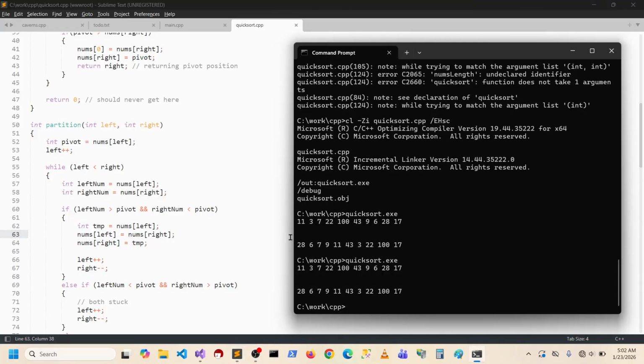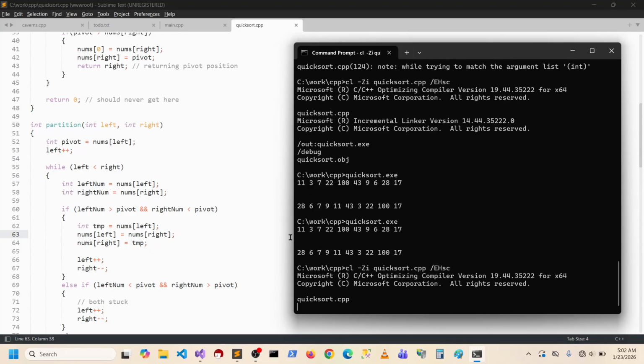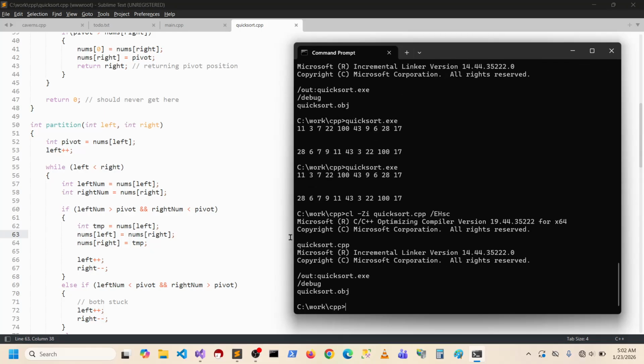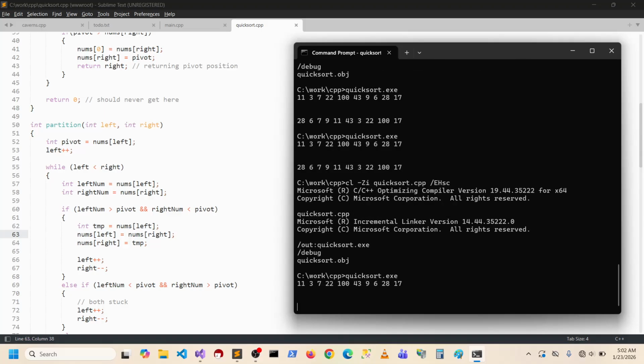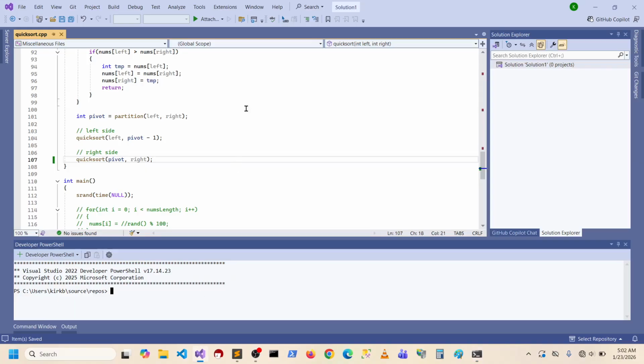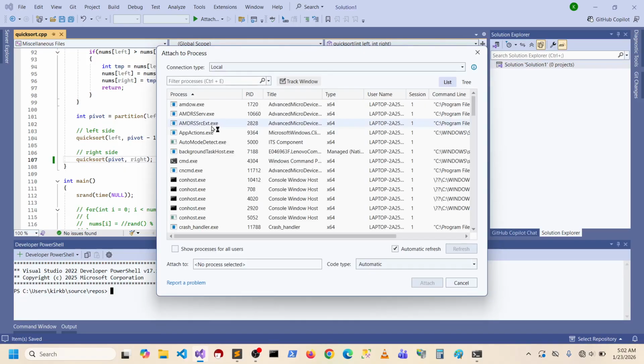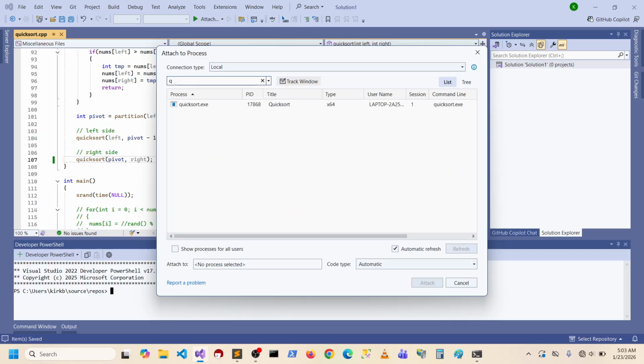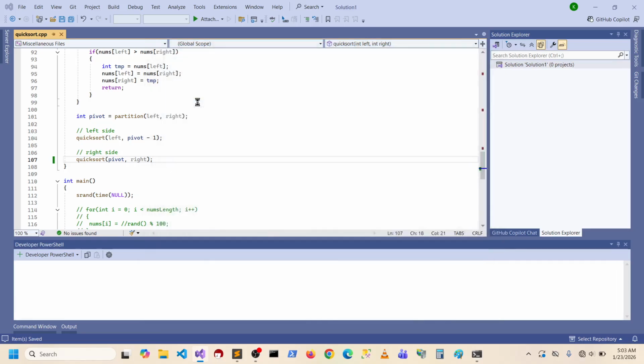Oh, that. Let's run that one. Attach. Quicksort.